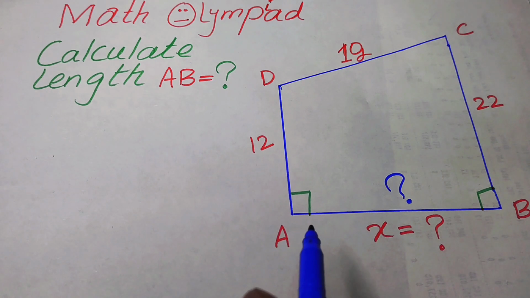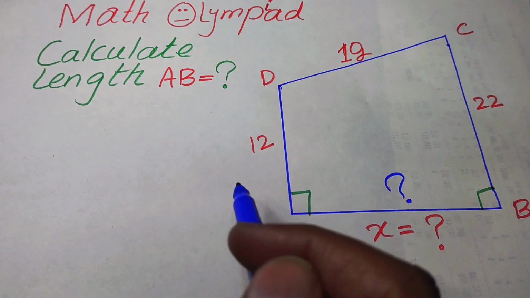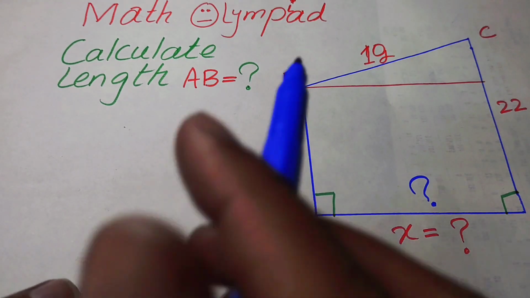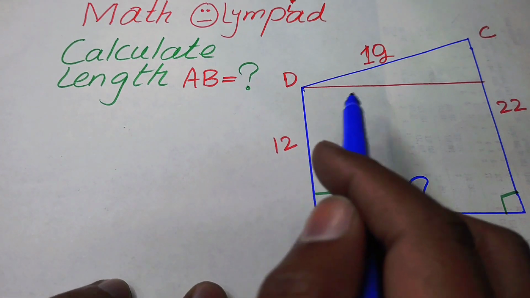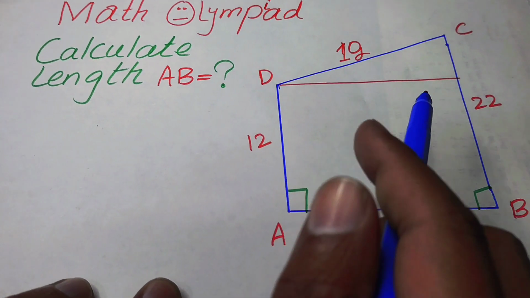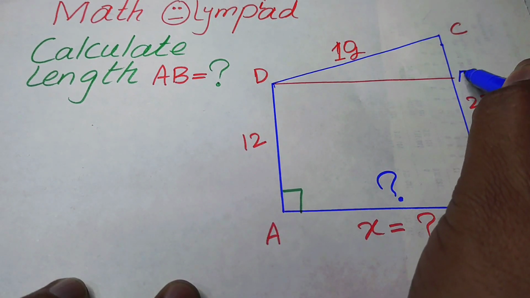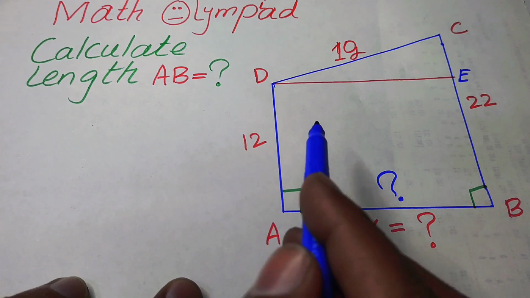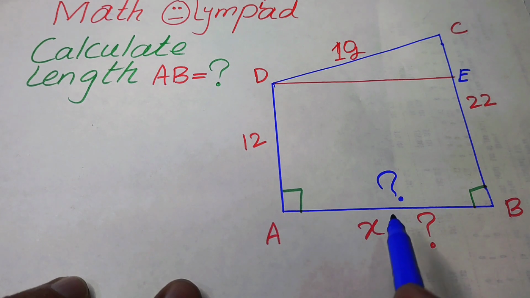Okay, so the very first step we are going to do is draw a line perpendicular to the line BC, and we name it as the point E. Here we will see that the line DE is parallel to the line AB.